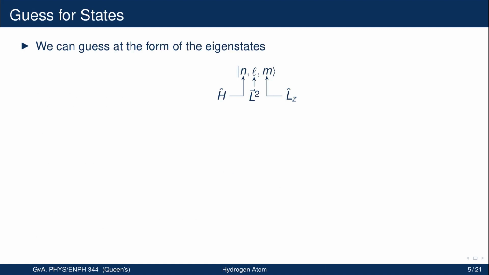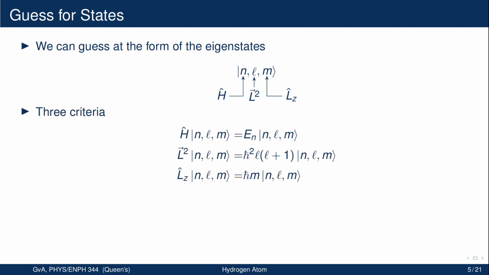We're going to make a guess for the form of these states where n, l, and m index the eigenvalues for the Hamiltonian, the total angular momentum, and the z component of the angular momentum. This gives us three criteria for our states. One is that the total Hamiltonian acting on the state gives the energy of that state indexed by n.